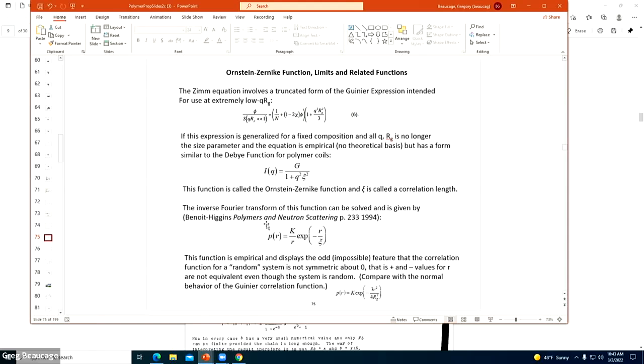First off, when r is 0, it doesn't go to 1. It goes to infinity when r is 0. You could map out that function if you wanted to.